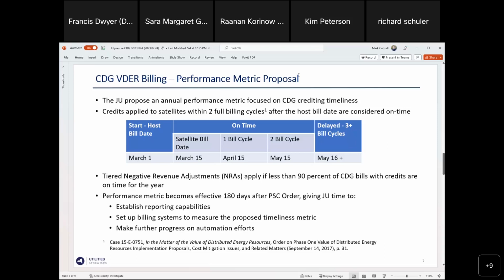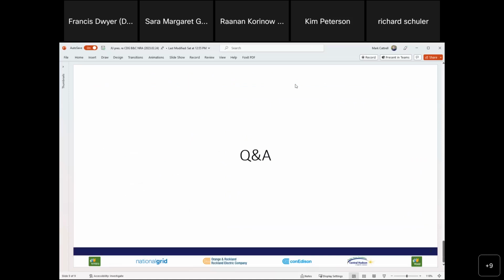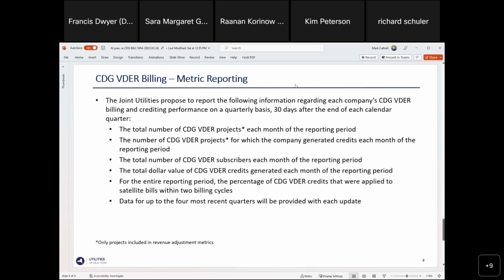On the slide Ronan presented, number 8, would the difference between the first bullet, the total number of projects, and the second bullet, for which generated credits, be a measure of the backlog of yet to be sent out bills?